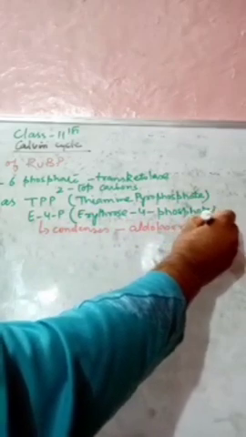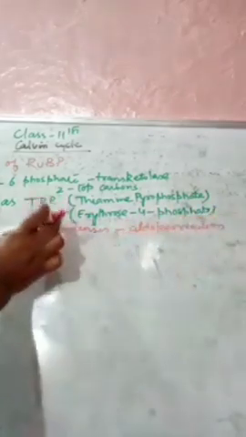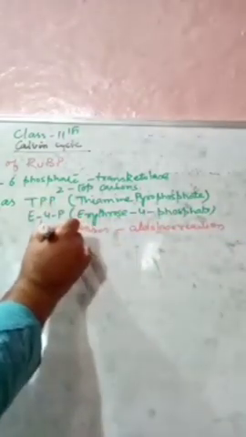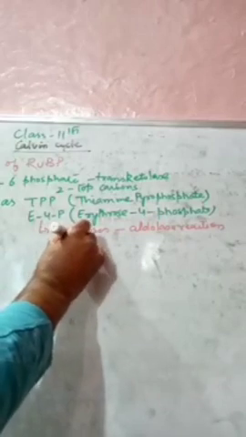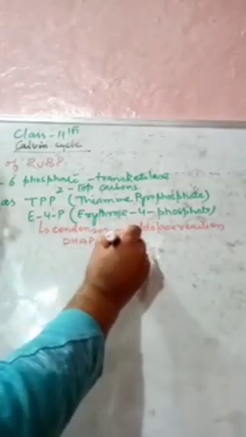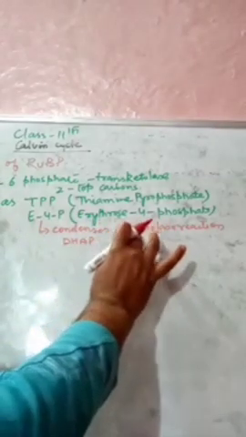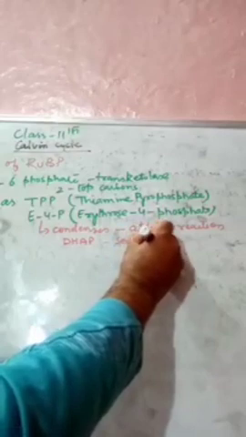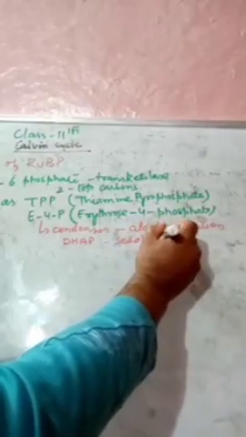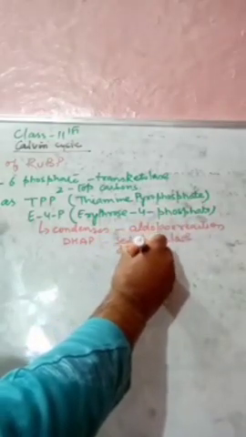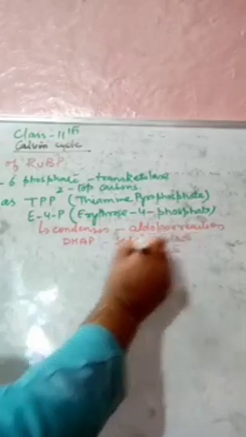By the aldolase reaction, this E4P condenses with DHAP, and it forms sedoheptulose diphosphate, which is a 7-carbon compound, simply called SDP.